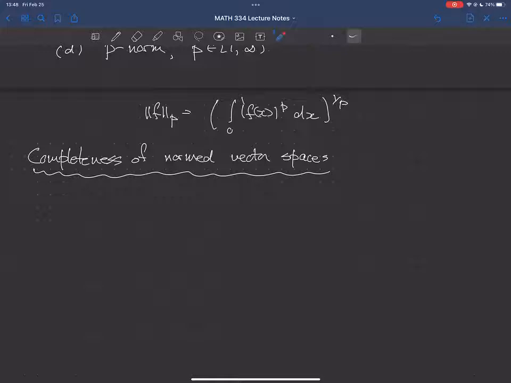Okay, excellent. So what is completeness? Let's give some definitions that frame this discussion of completeness, and then we can talk about what it means. Completeness has to do with sequences.